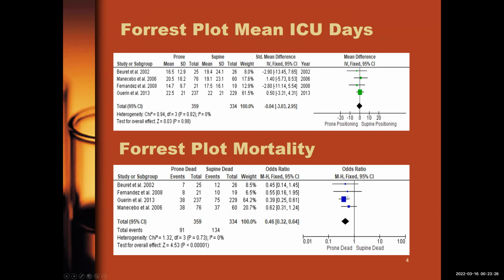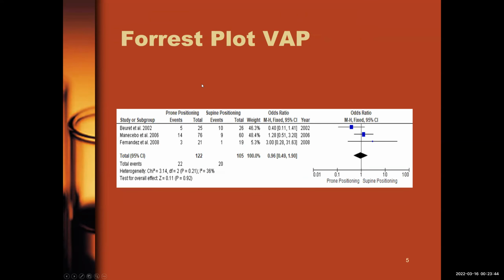The weight of their study actually accounted for the pool of some effects being pulled towards the prone side and favoring the prone positioning. For ventilator-associated pneumonia, as we can see here, there's nothing statistically significant occurring.